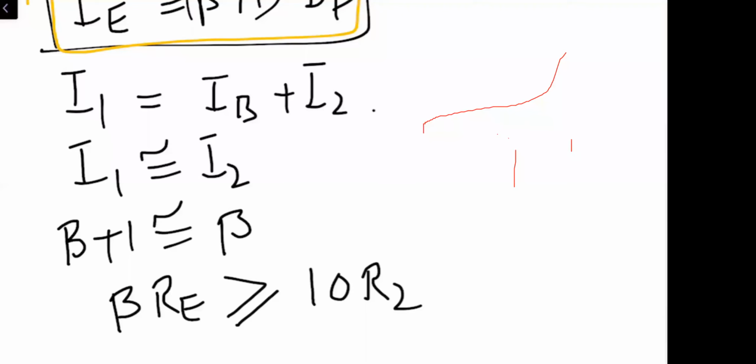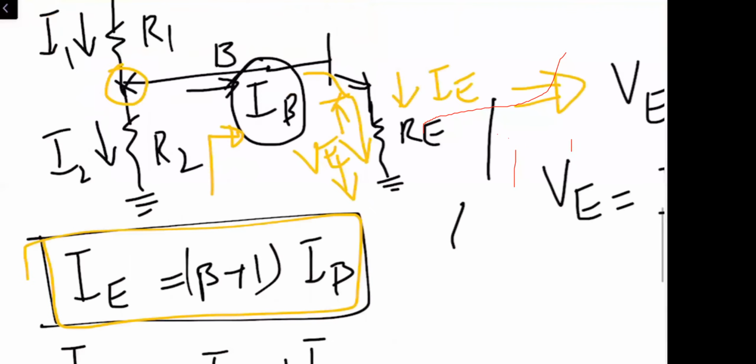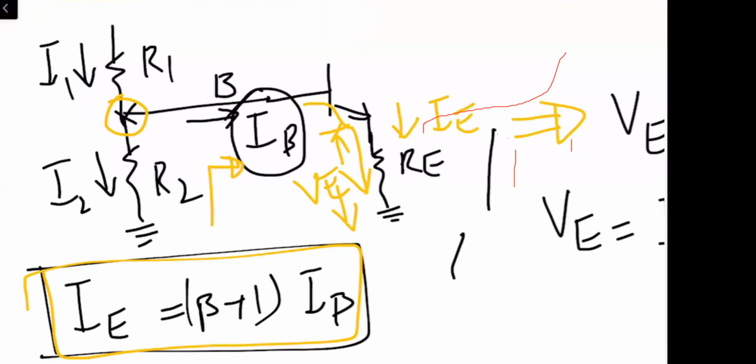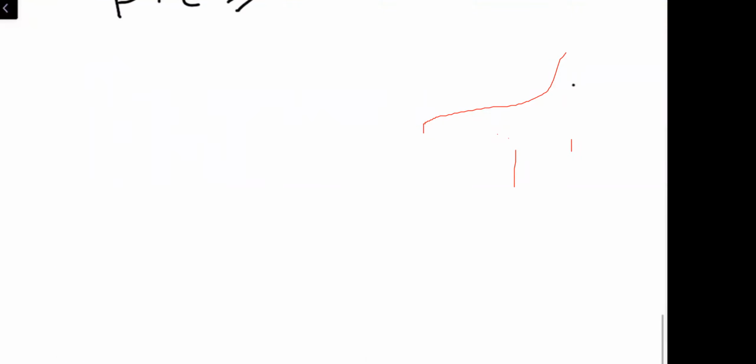And in the approximate method, what we say is that the voltage at the base, VB, let me redraw it.